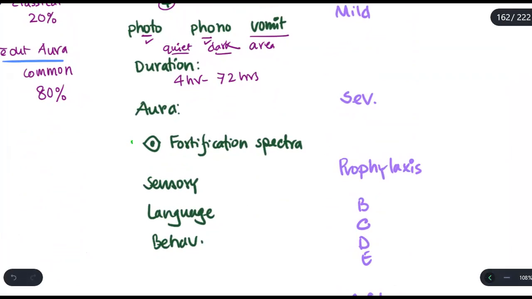There can be ocular aura, there can be sensory auras, language and behavioral auras. The classic one is the visual aura, and usually this is known as the fortification spectra, where there are silvery zigzag lines, and they shimmer and they march across the visual field for up to 40 minutes.